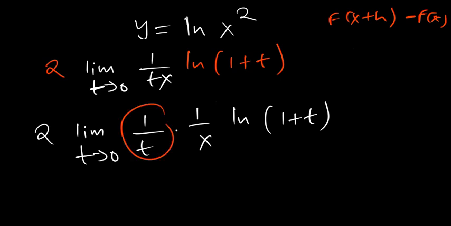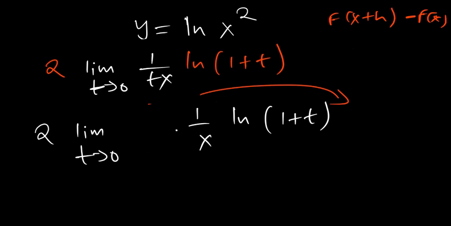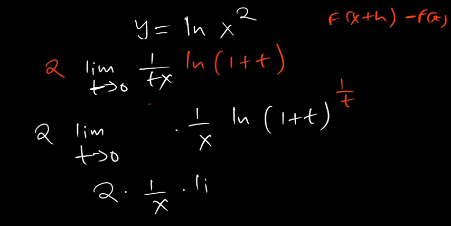This can become the power of a log, so you have 1 over t as a power. At this point, we can pull that 1 over x out since it doesn't involve our t of interest. So we have 2 and then 1 over x, the limit as t approaches 0, and then the natural log of 1 plus t raised to the power 1 over t.